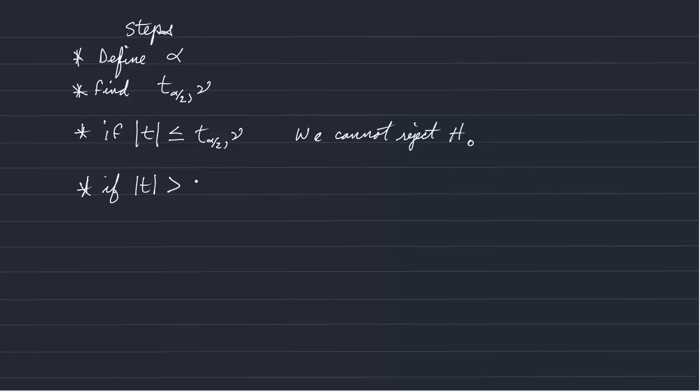But if t is greater than our critical value, then we can reject H0 to the alpha significance.